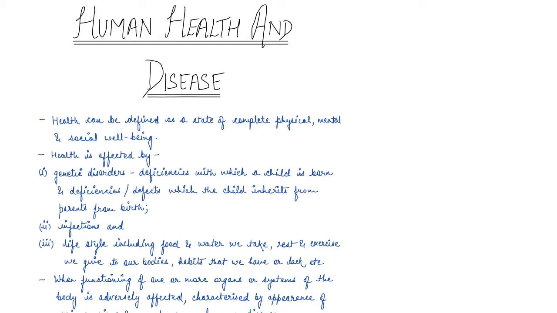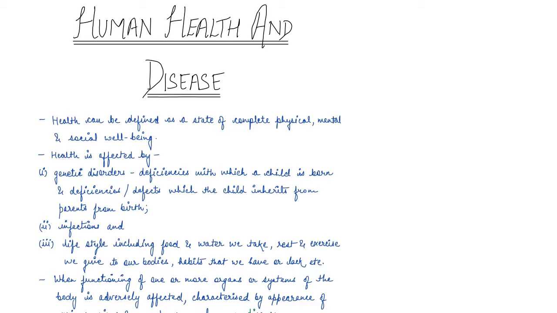Then we have various types of infections that affect human health, right? So say there are various bacterial and viral diseases in humans, right? All those affect human health. And then our health is also affected because of our lifestyle. So the food and the water we take also affects our health.